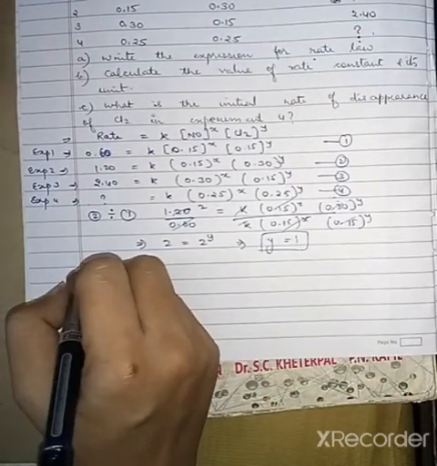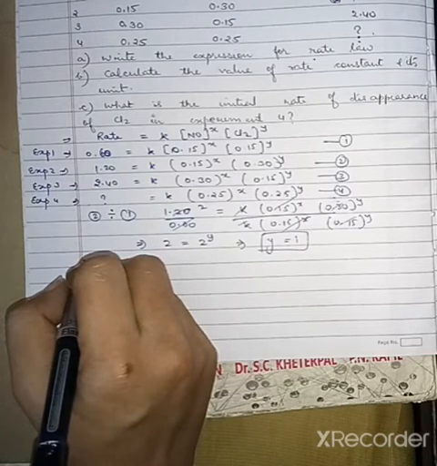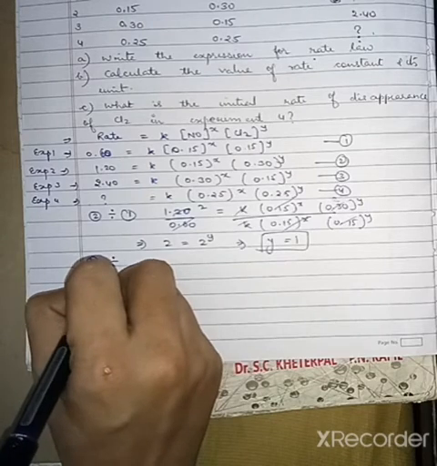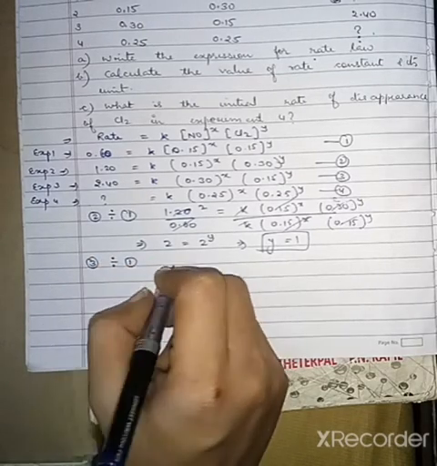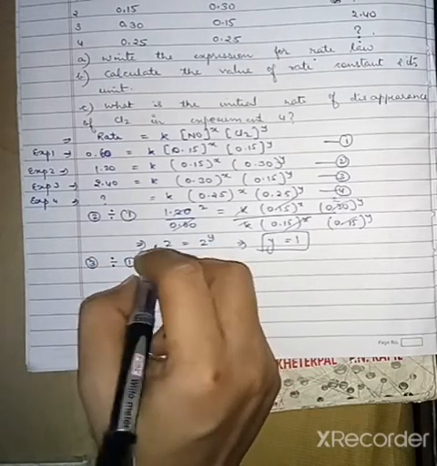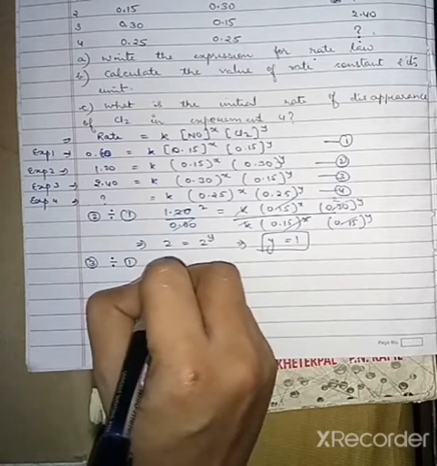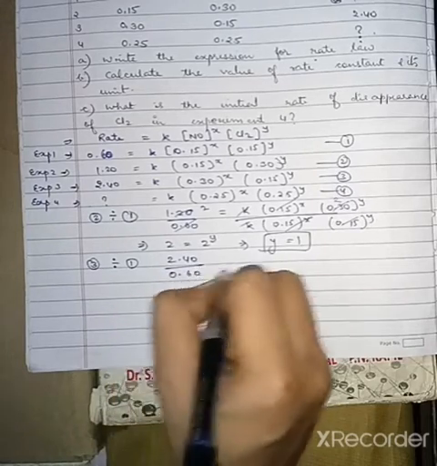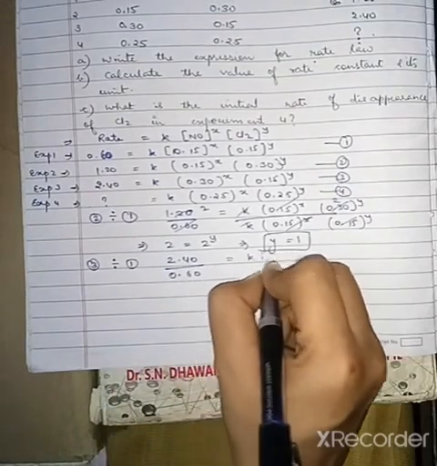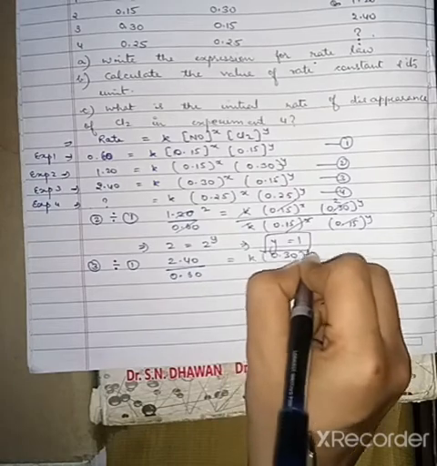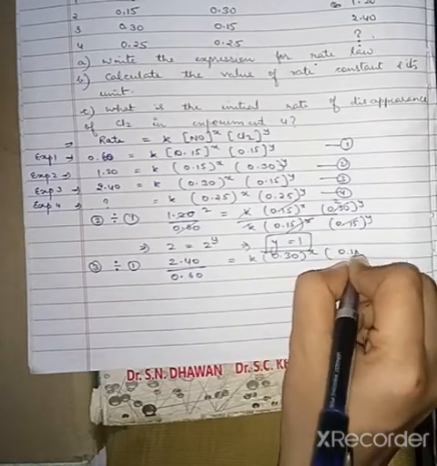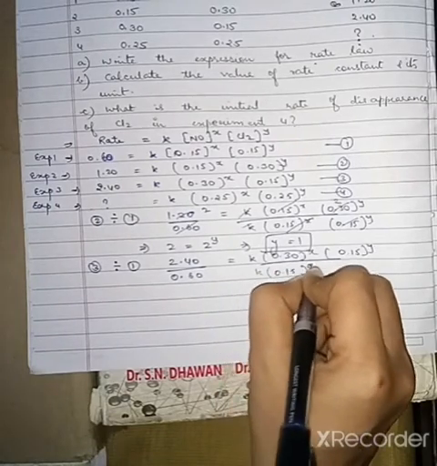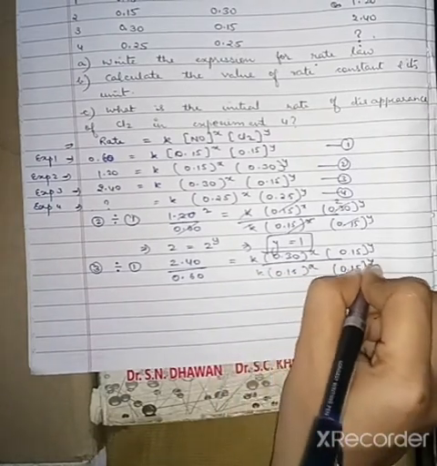And now take the expression of equation 3 and divide it by 1. In 3 and 1 the concentration of Cl2 is the same. In 3 we have 2.40 as the rate and 0.60 for the first equation. It is K into 0.30 to the power x and 0.15 to the power y, over K, 0.15 to the power x and 0.15 to the power y.